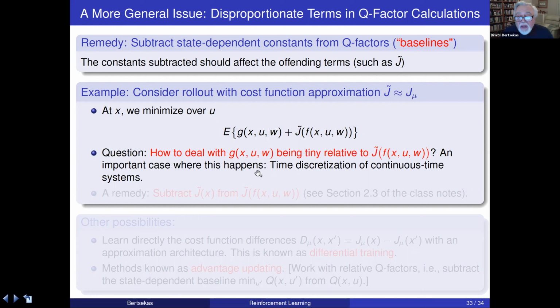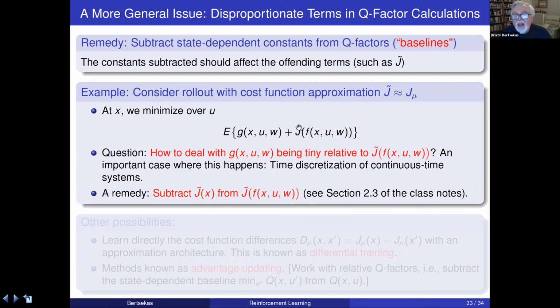And this happens typically in the case where you have a continuous time system and you discretize it. This is going to be proportional to delta, the discretization interval, whereas this one is going to be substantial. Now, one remedy to this, which was also known since the early days of reinforcement learning, particularly on the control theory side of the methodology, is what you do is you subtract J of X from this and you form the difference of future costs to go from X to this state here.